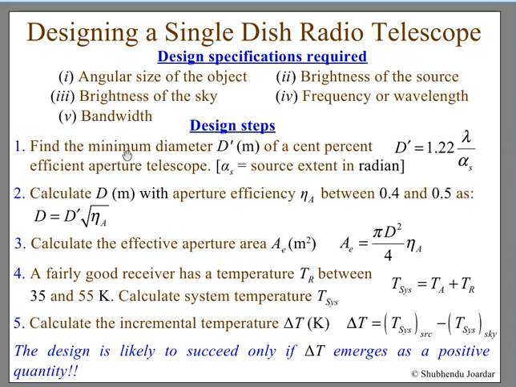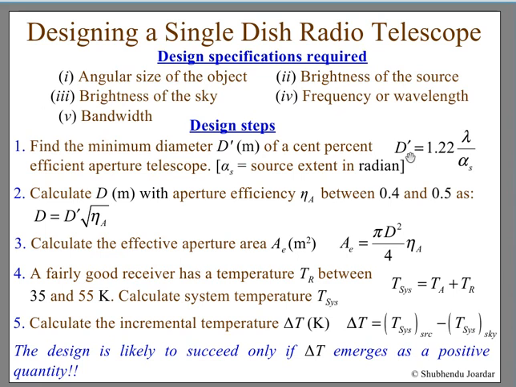First, you find the minimum diameter D dash of a 100% efficient telescope. What I mean by this is that you have to use the Rayleigh criterion, because you want to resolve this angular size, this much sized object. So first you use the Rayleigh criterion and determine the diameter of the dish.